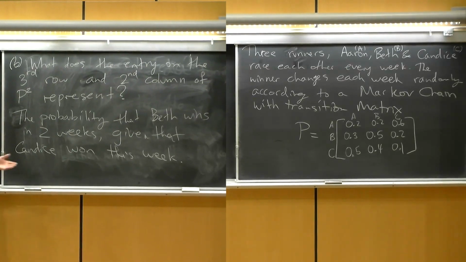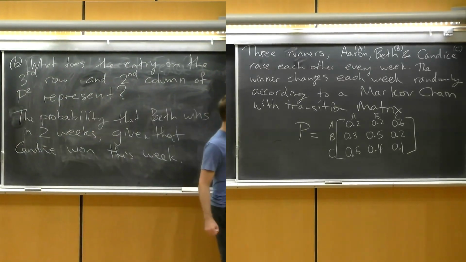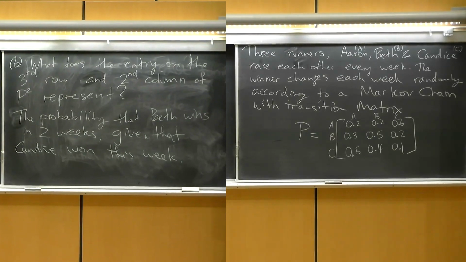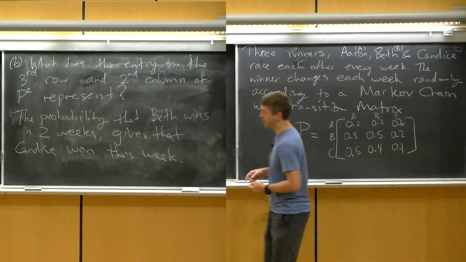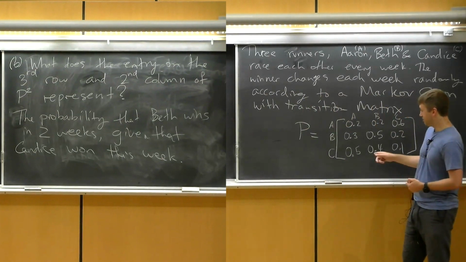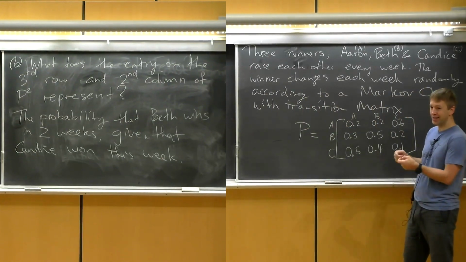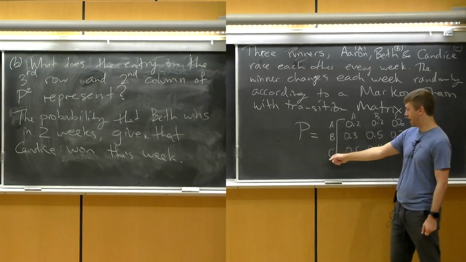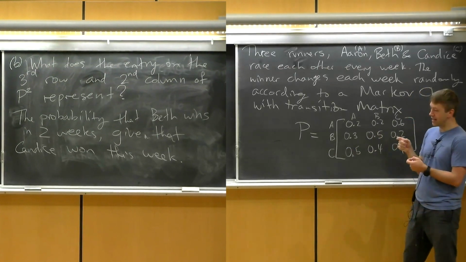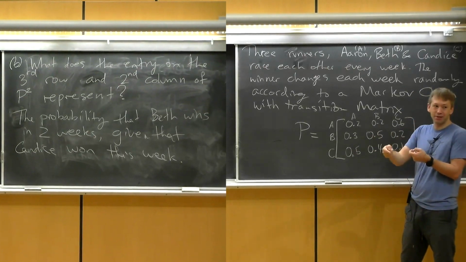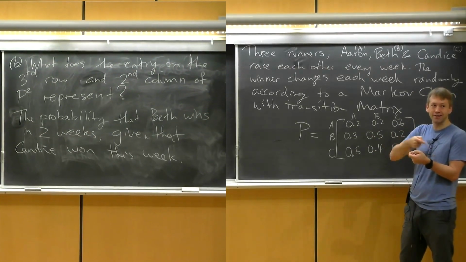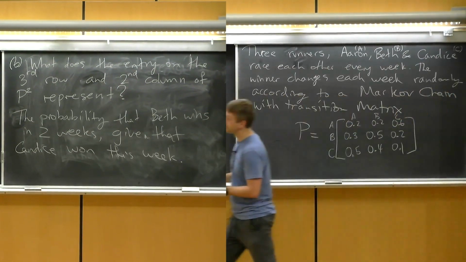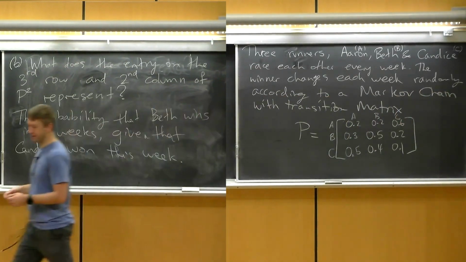You can think of it like this: here we were talking about what's in the third row, second column of P, that's the probability Beth wins given that Candace won this week. P is the same as P to the 1. So that's the probability that after one step it changes from Candace to Beth. The entry in P to the n would be, in n steps, what's the probability it changes from Candace to Beth? Okay, that was a bit of a trickier one.